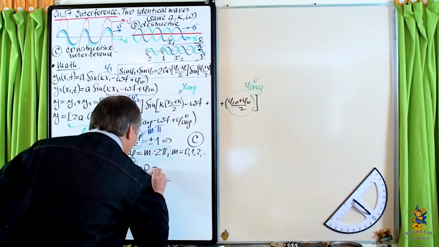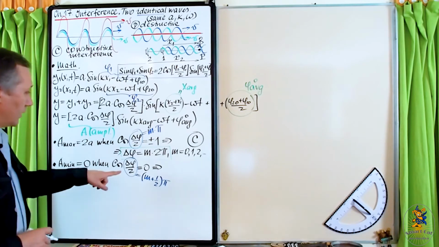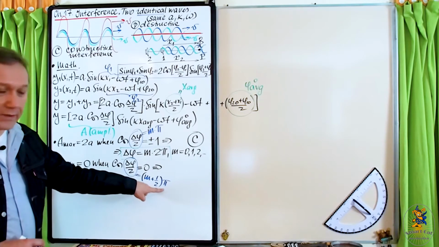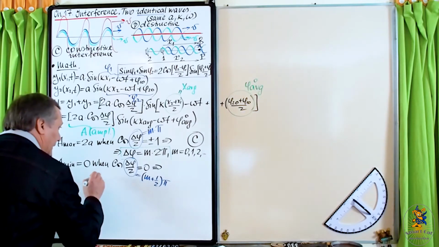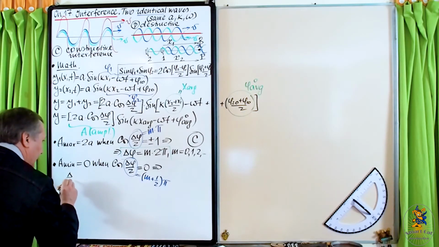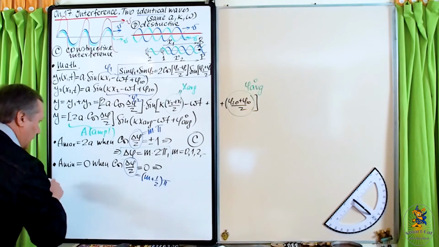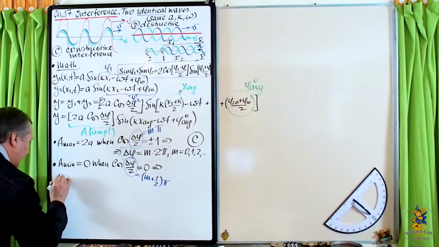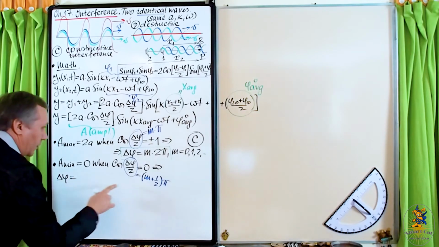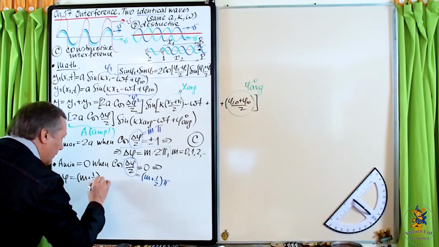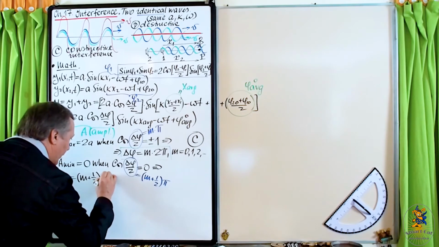And of course, what do we want to get? We want to get delta phi from here, right? So this 2 will go over there. As a result, we're getting the condition. So delta phi equals m plus 1 over 2 times 2 pi.